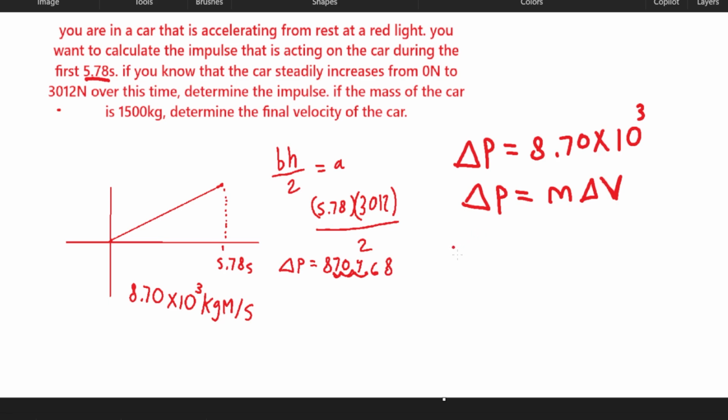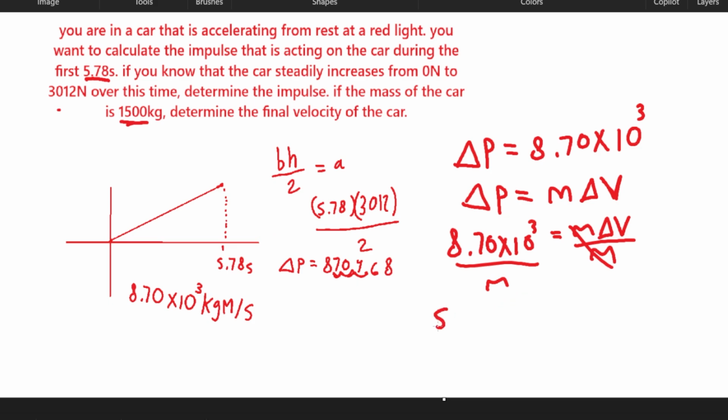So we can just equate them to each other. Divide by mass. So now just take your result, divide it by the stated mass of the car, 1500. So this gives you 5.80312, which is equal to delta V.